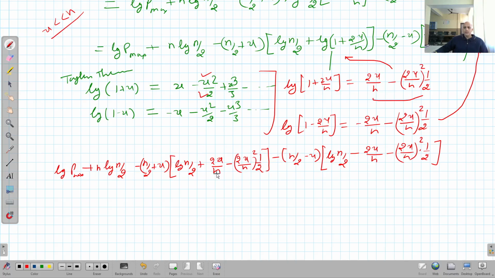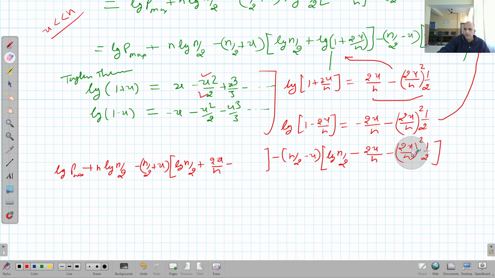Now we'll try to simplify this equation. Sorry, when you take the square, it will become 4x square upon n square. So the 2 will get cancelled, and I can write here simply 2x square upon n square.